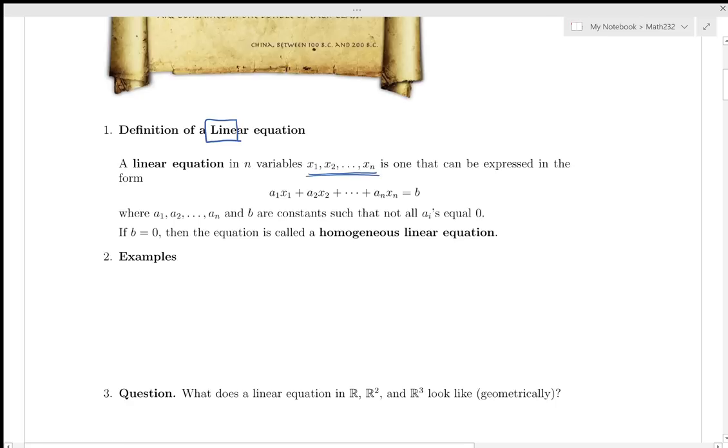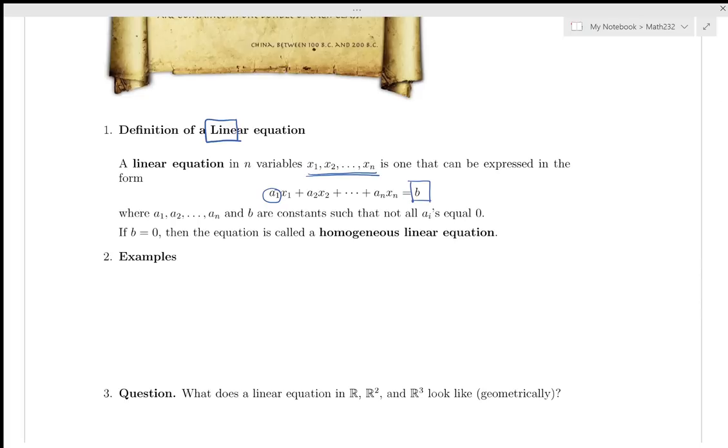And if we have a linear equation, we can write it this way. We write it with a number, that's a constant, that's some number times the first variable plus some other number times the second variable plus, etc., till we get them all. And then we have another number over here by itself. And we're not going to have a linear equation unless not all of the a_i's are 0.